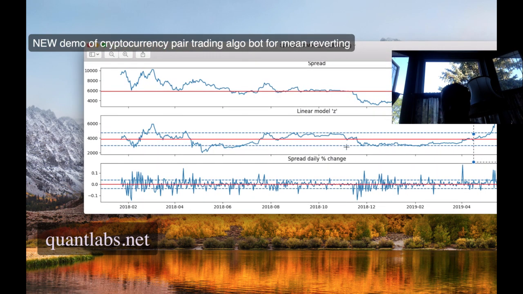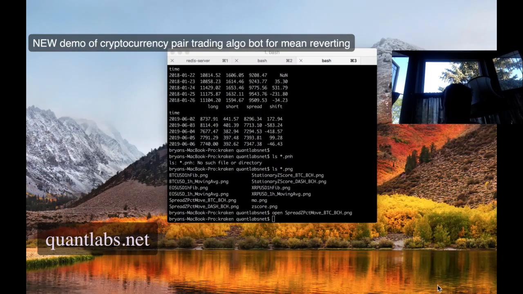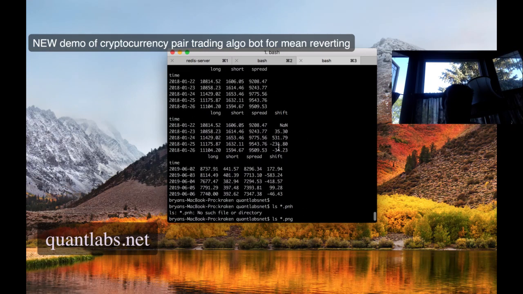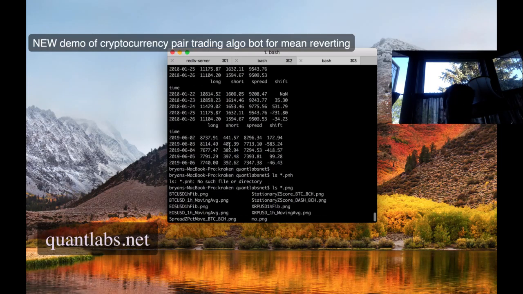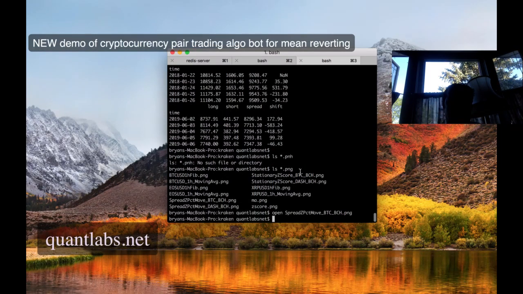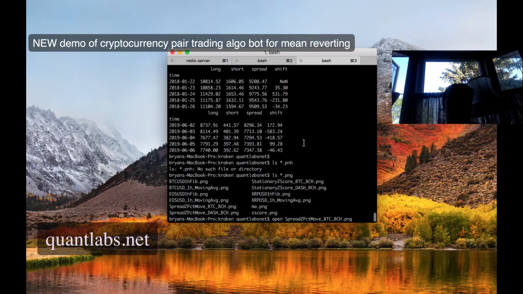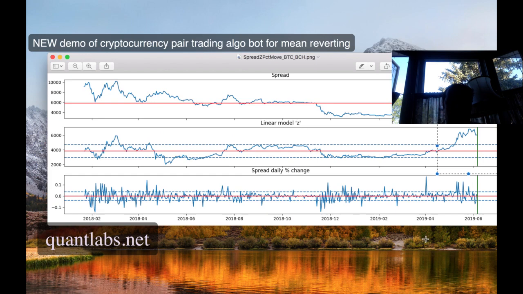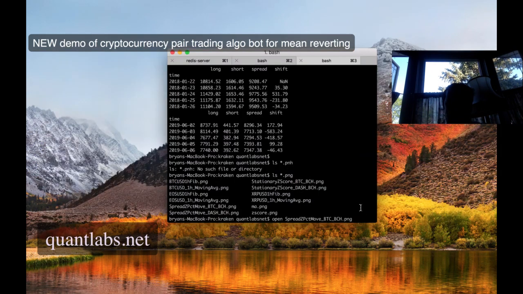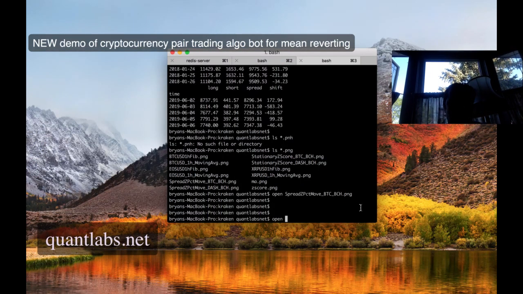So if I was to show you the other examples, so here's the spread and the difference between the two of both the long and whatnot. Let me just make sure. Okay, let me just show you the other chart, because it has to be not just co-integrating, but also has to be stationary data as well.